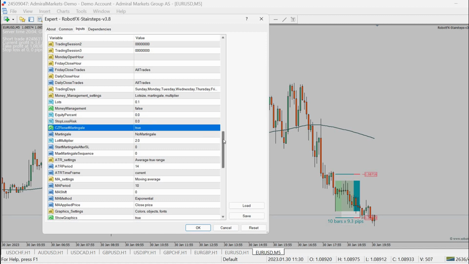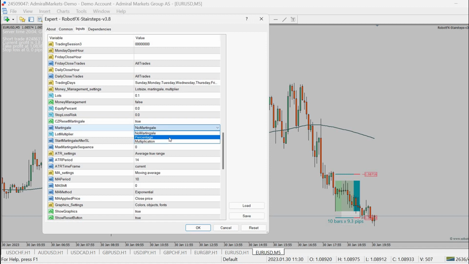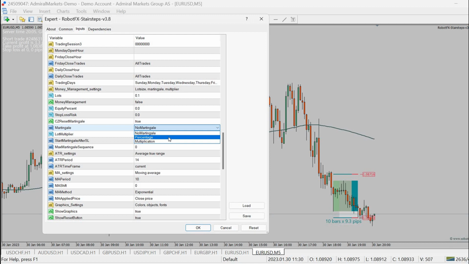Basically, it means I want to martingale if I lose a trade on a consolidation zone. I want to martingale only trades opened on that consolidation zone and not the next one, if that's an option. We can also set the martingale lot size as a percentage or as a multiplication of the previous lot size.